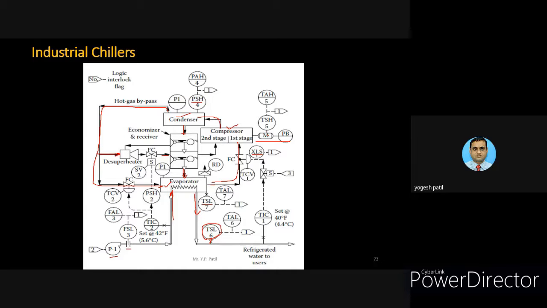This is because the motor is running fast, and the motor is a very important part of the compressor. So the motor bearing or winding temperature is required to be measured. Then we can see that there are many temperature controllers also. You can see there is a TIC2 here.